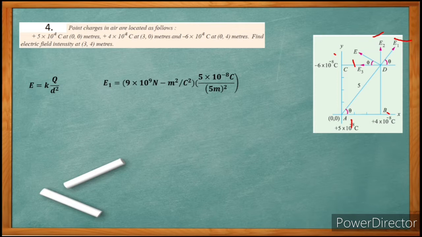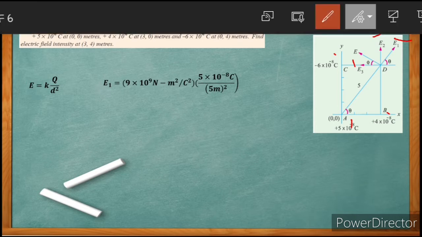Note that the electric intensity is in volts per meter. The point charge at A is 5 times 10 raised to negative 8 coulomb, and the distance is 5 meters, because the distance between A and B is 3 meters, and the distance between B and D is 4 meters. Why is that so?